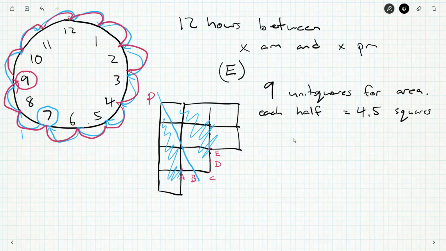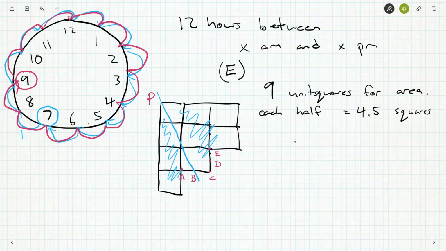Now you can already see as we pass through B that we're not going to be cut into 4 squares on this side and then a half square and 4 squares on this. We're sort of chopping through a bunch of squares at a time. Now there's only 5 options. We could just slice through each one of them, but let's try and think about this a bit more logically.